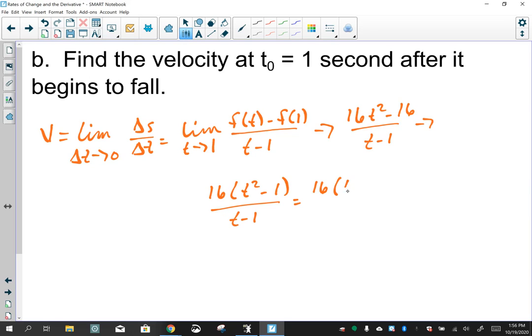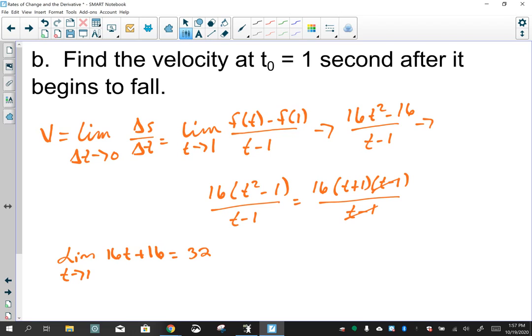Look at that: t plus 1 times t minus 1, all over t minus 1. Then the limit as t approaches 1, because that's what I'm looking for, of 16t plus 16 is equal to 32.